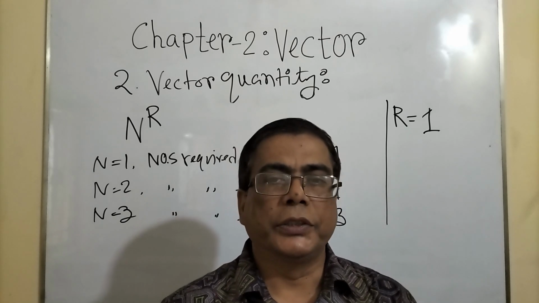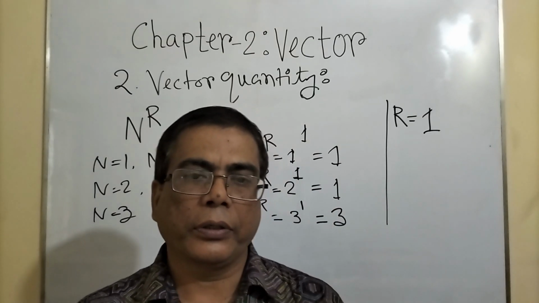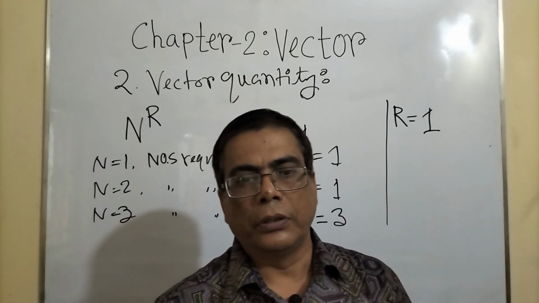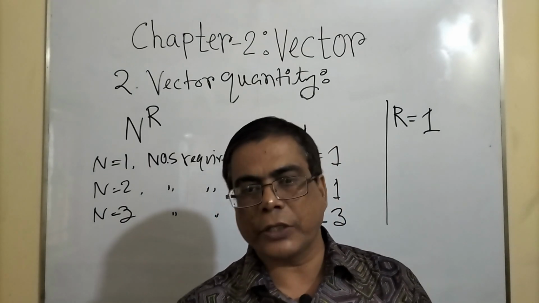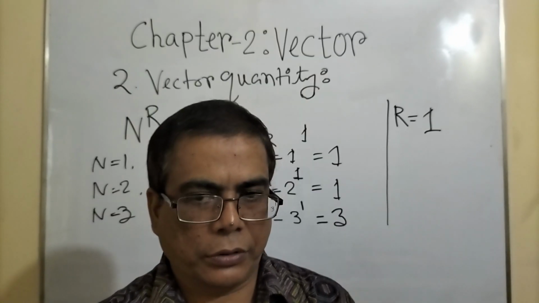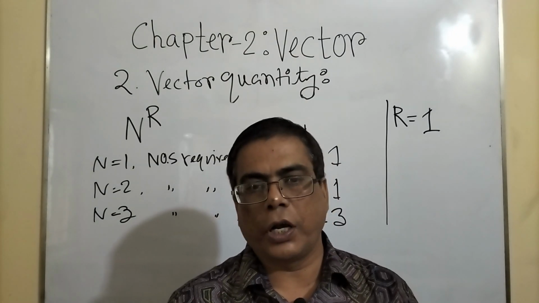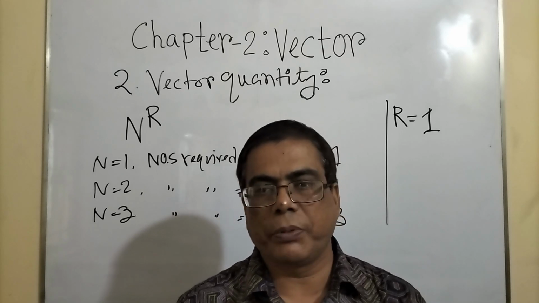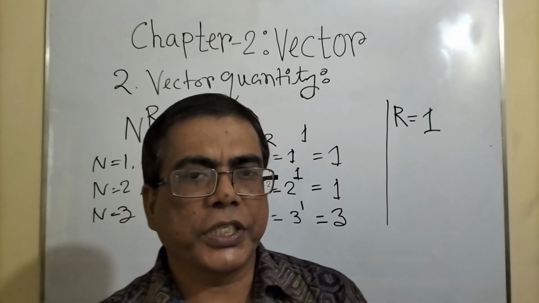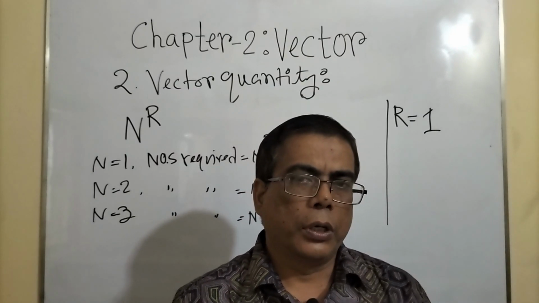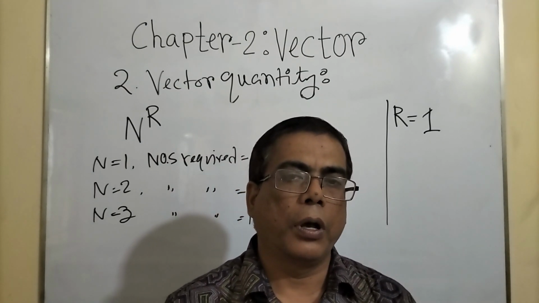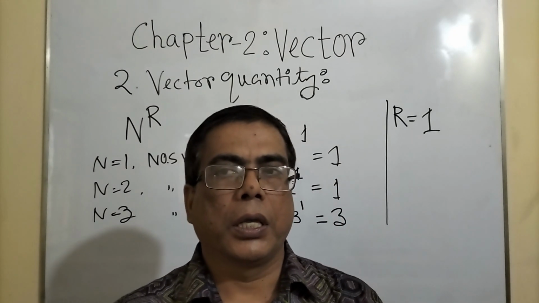According to the definition of vector quantity, the displacement is a vector quantity because in vector quantity there is a magnitude and a direction. Why velocity is vector quantity, acceleration is vector quantity, why force is vector quantity, why weight is vector quantity? We can show this by the definition or by the analysis.